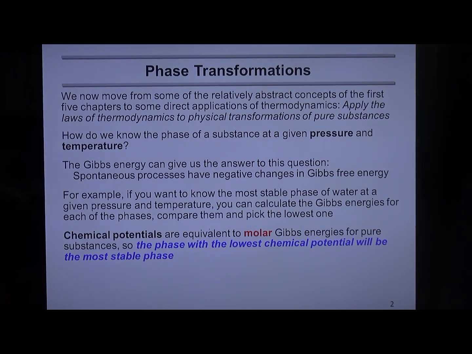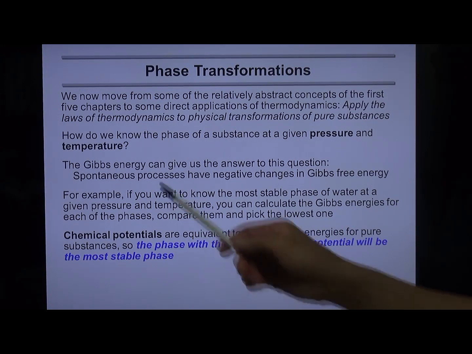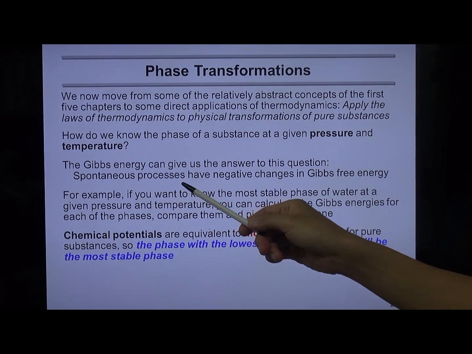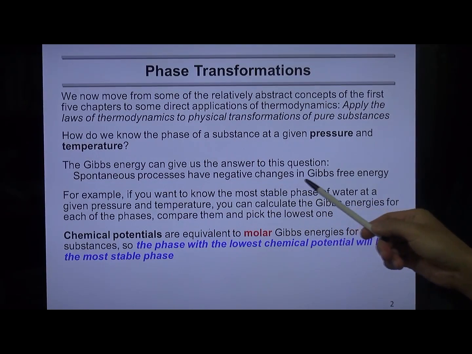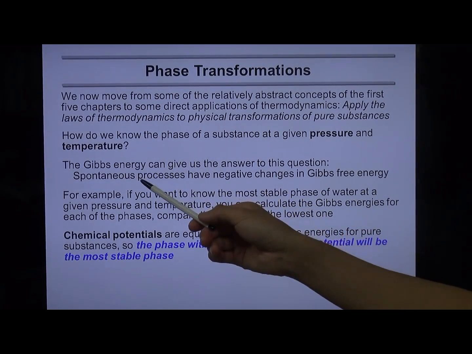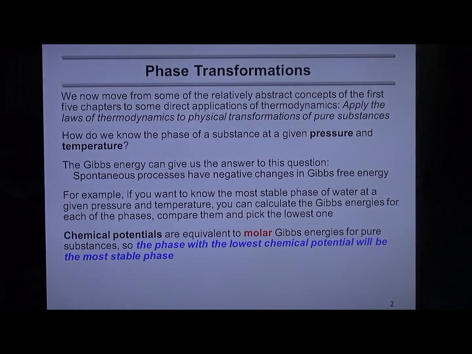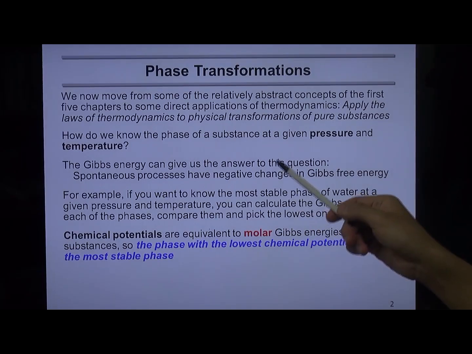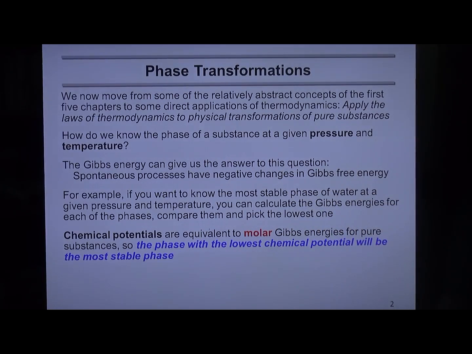We learned that when we dealt with the second law of thermodynamics, okay, we learned that spontaneous processes, spontaneous changes, have negative change in Gibbs free energy, right? Spontaneous or irreversible changes always accompany negative change, decrease in Gibbs free energy, right?